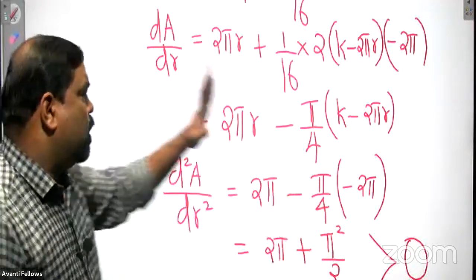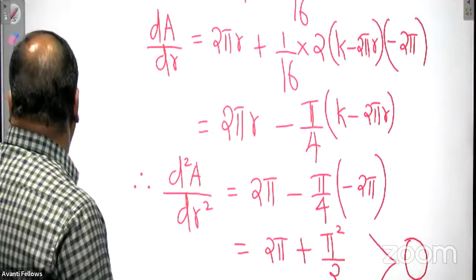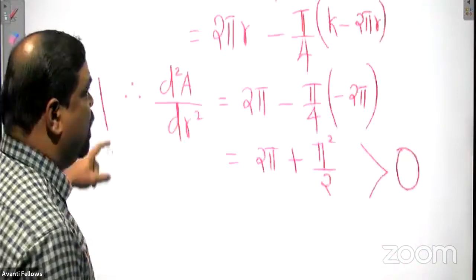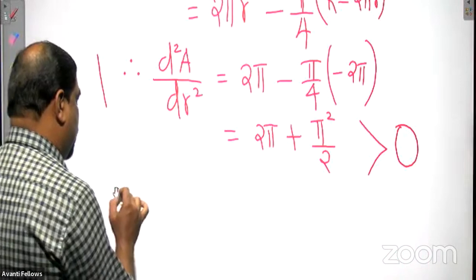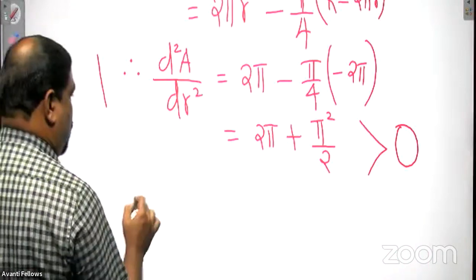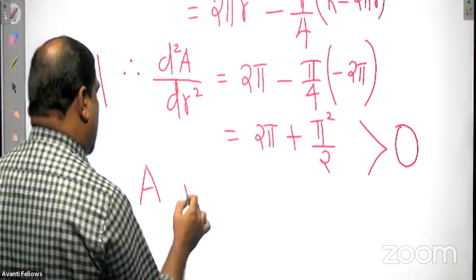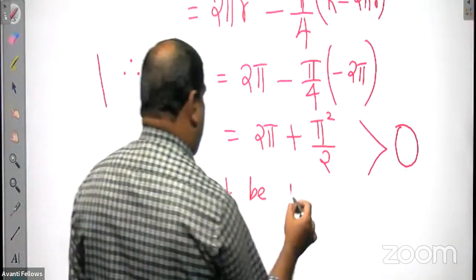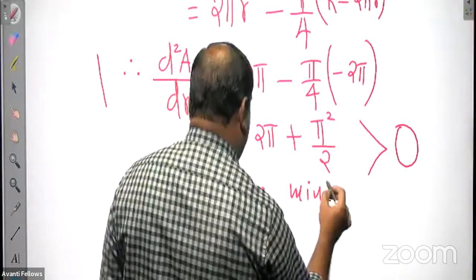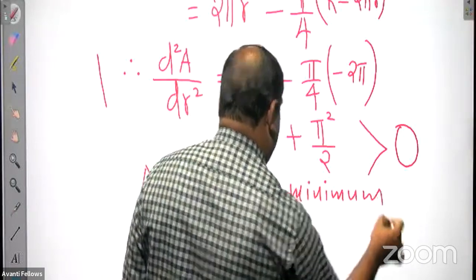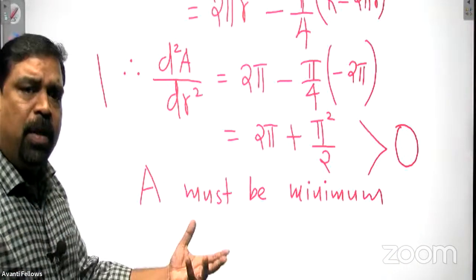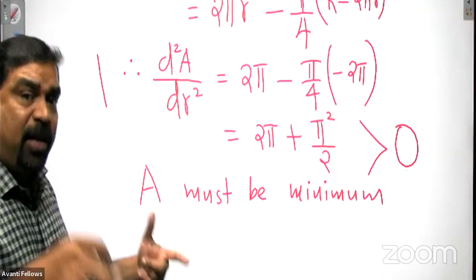That means a must be minimum only. But where it is minimum, when it is minimum, that we have to find. The critical point is remaining.